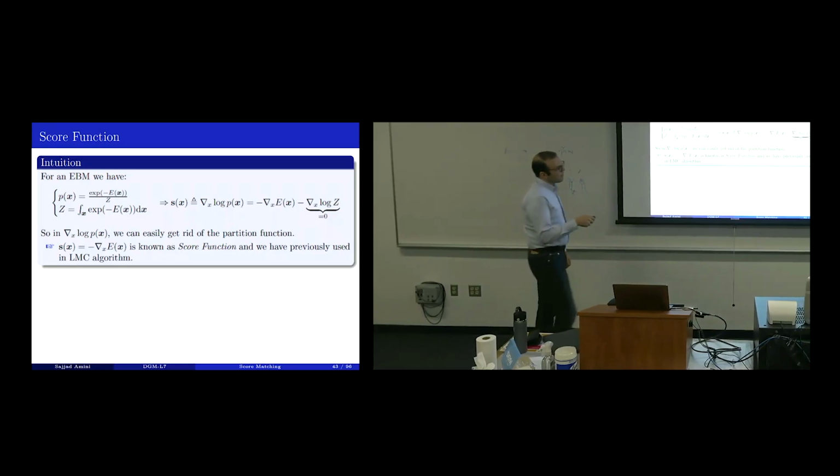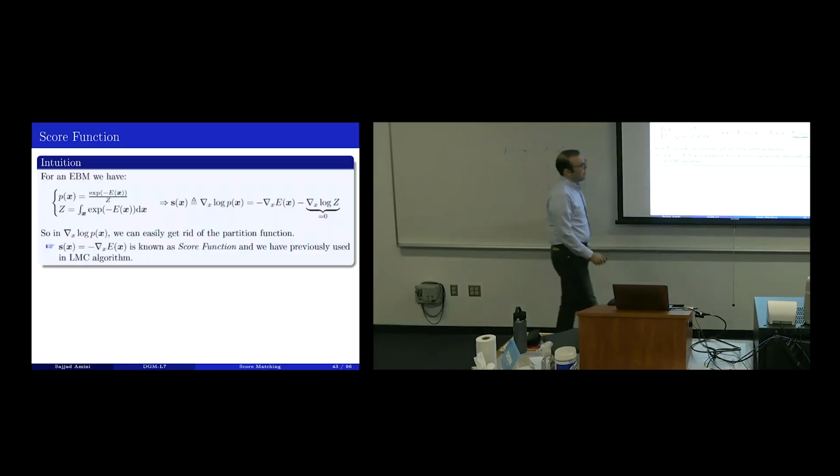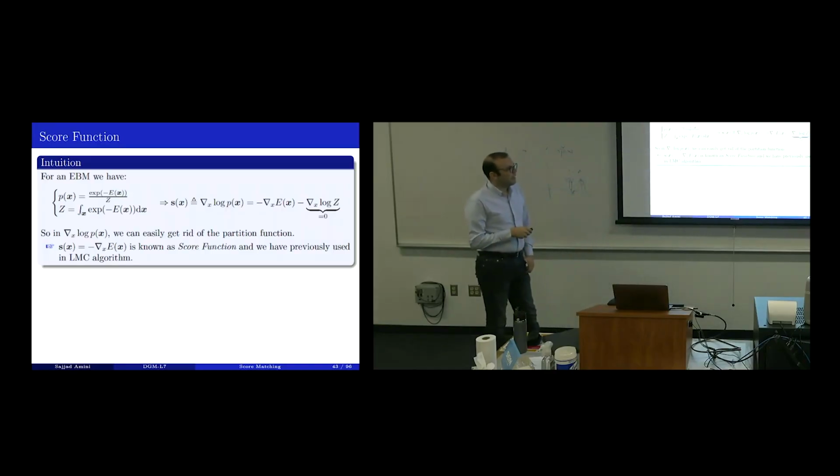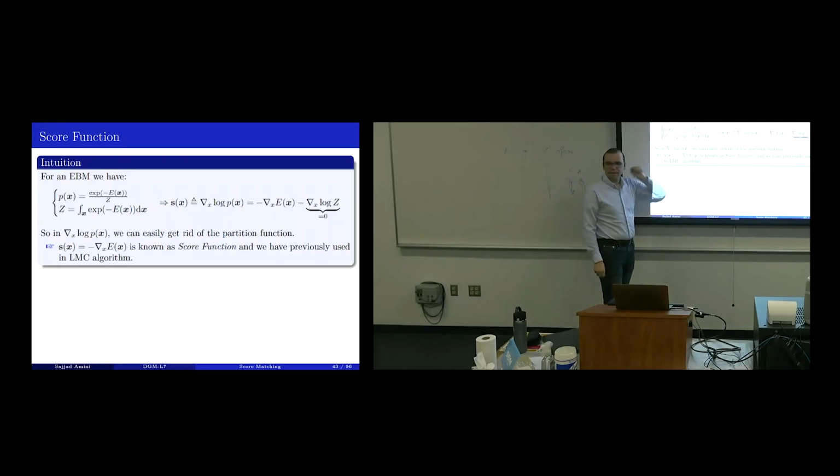So this is the main definition here. S of x, S is bold, so S is a vector. S of x equals minus the gradient with respect to x of the energy, and it is known as a score function. We have previously used it in LMC. We saw that in LMC, the direction was the result of minus the gradient of the energy.